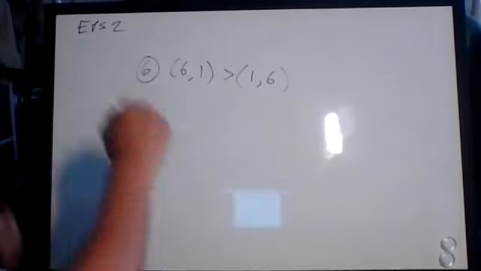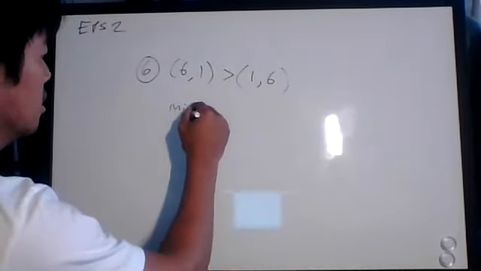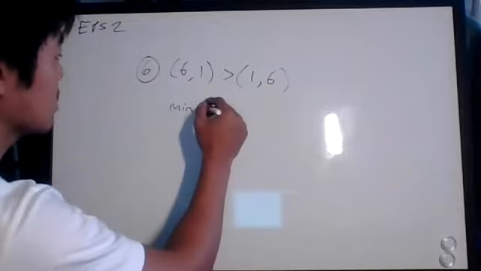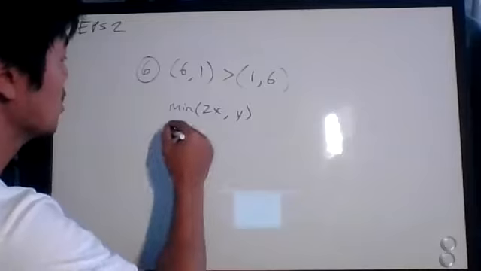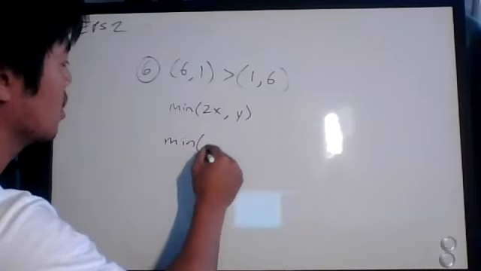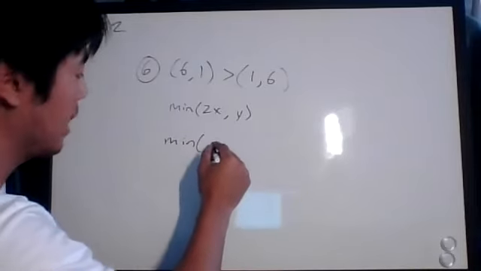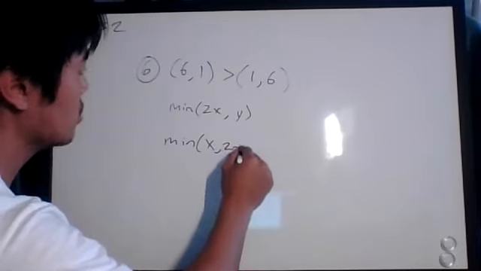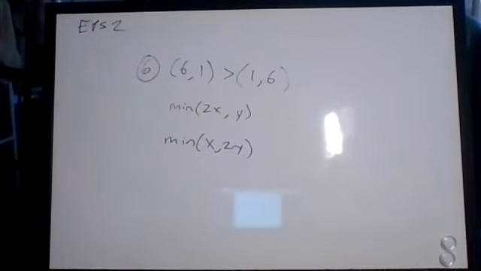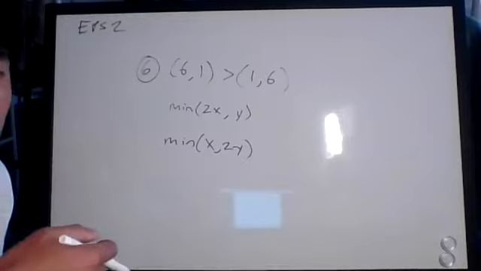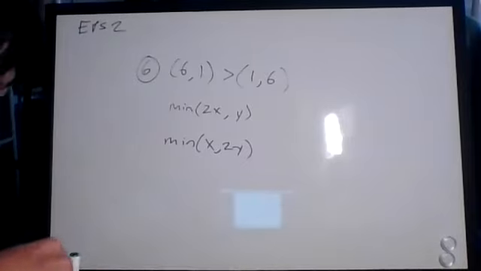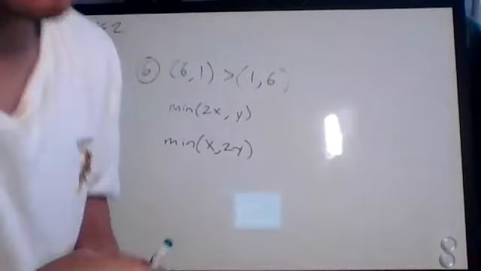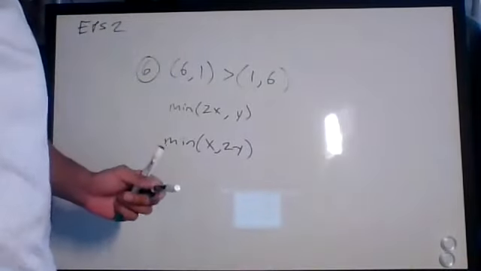We're left between the options min of 2x and y, or the min of x and 2y. And I guess none of the above is an option. Just a disclaimer about none of the above: Hartman is not afraid to use none of the above as the answer choice.